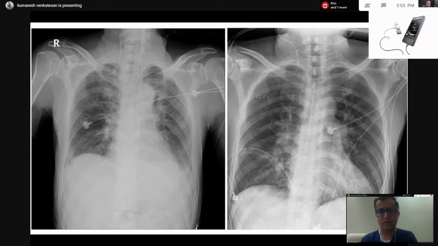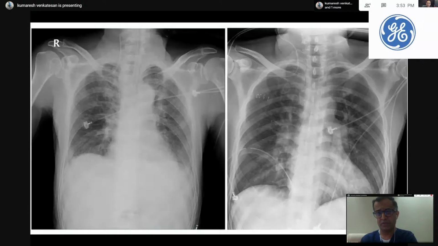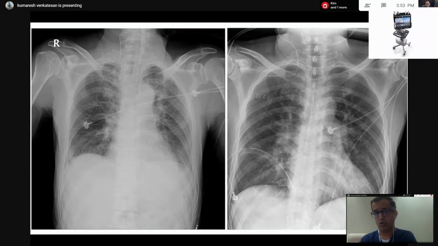Why is it important? Because what we don't want to do, after we completed the procedure and do the X-ray, is to realize that the catheter has migrated into the wrong vessel. In this example, the catheter which was inserted into the axillary vein has gone into the jugular vein.